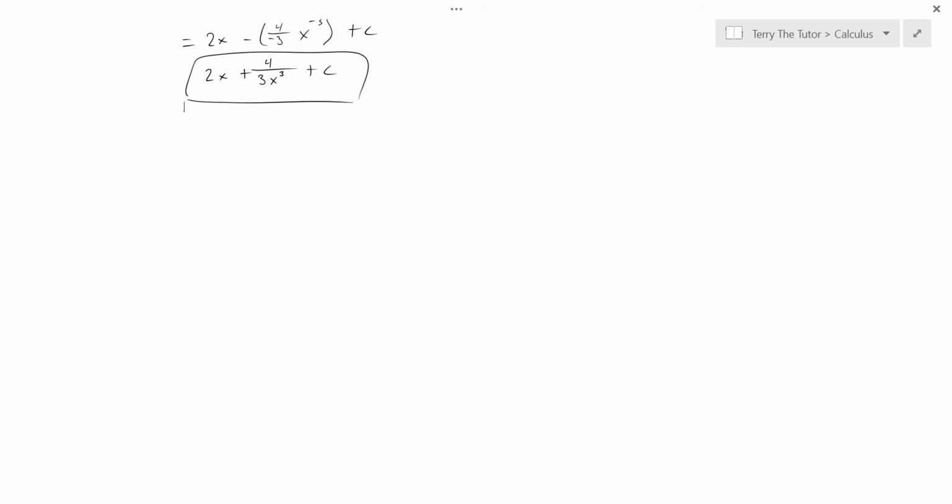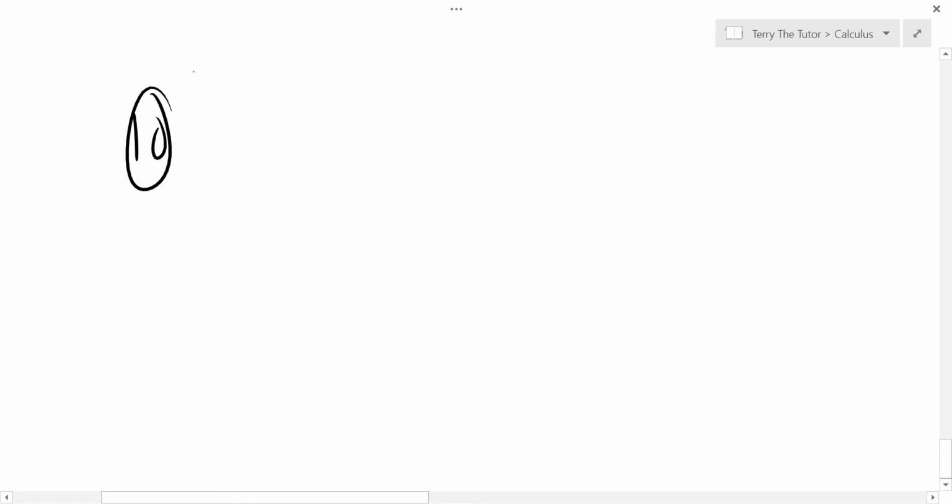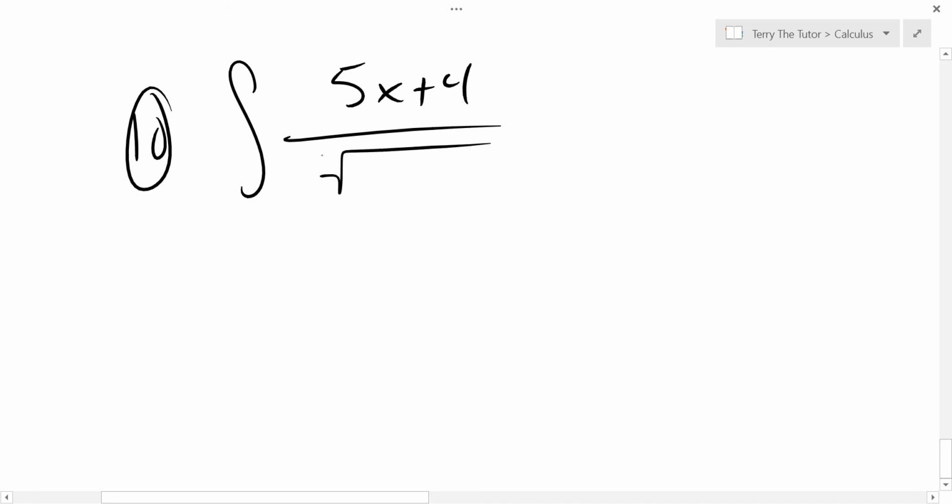Alright, the last problem for this video, I'm going to break it up. I thought about that while I was beginning. So we've got number 10, the integral of 5x plus 4 over the third root of x dx.